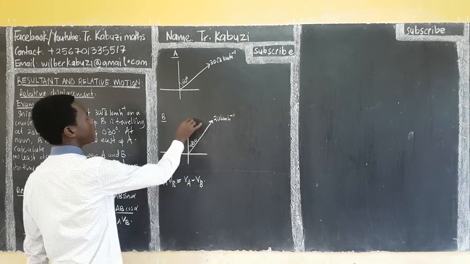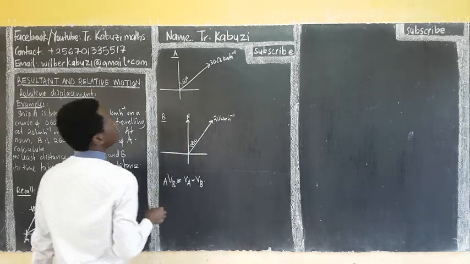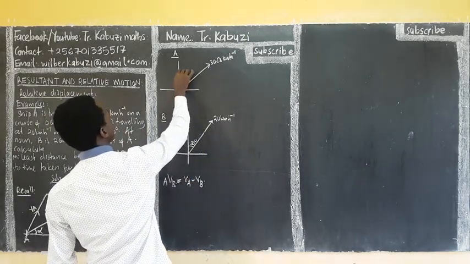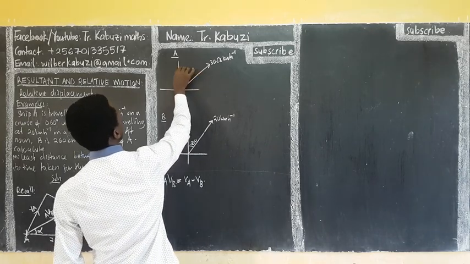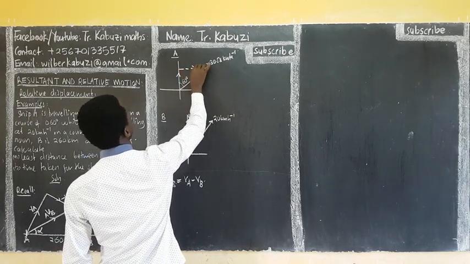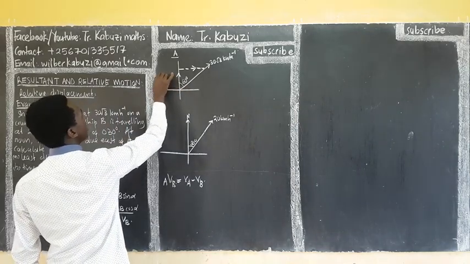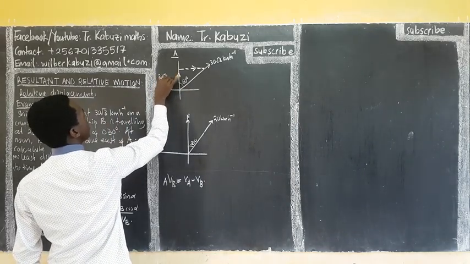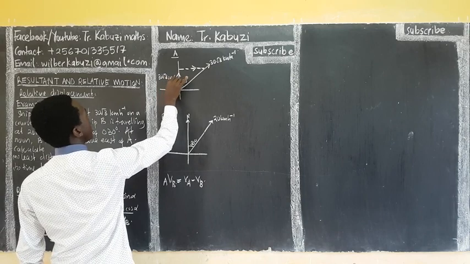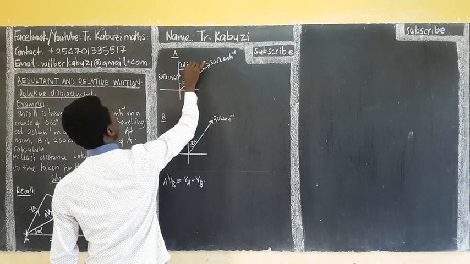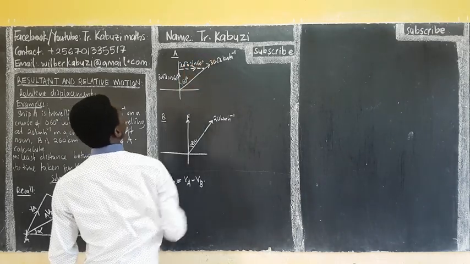So let us come to this and see. Because our angle is with the vertical, we shall resolve this and move in that order. So this is an adjacent, so this would be 30√3 cos 60 degrees, then this would be 30√3 sine 60 degrees.